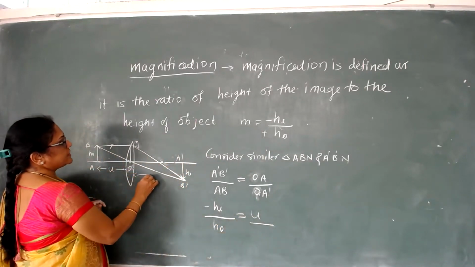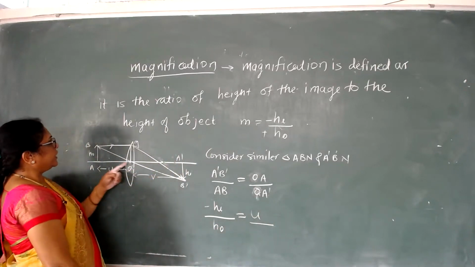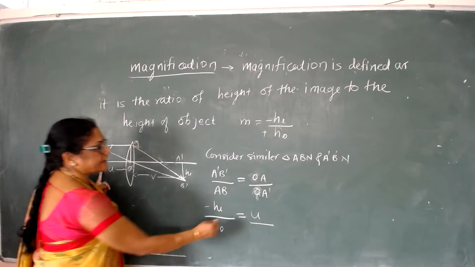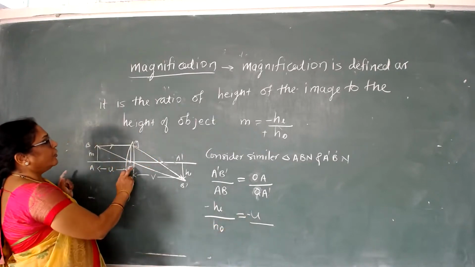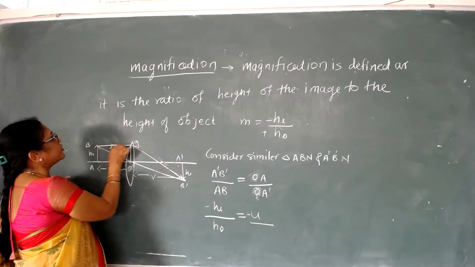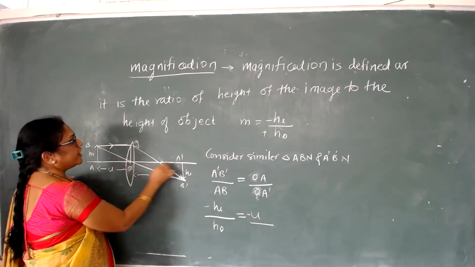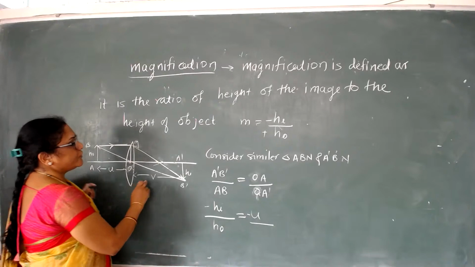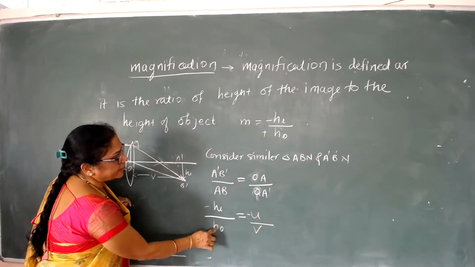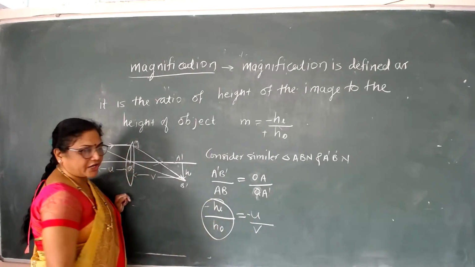OA dash is considered to be the image distance, and the direction of the incident ray and the image distance are the same, so we take plus. Then minus hi by ho is known as magnification.